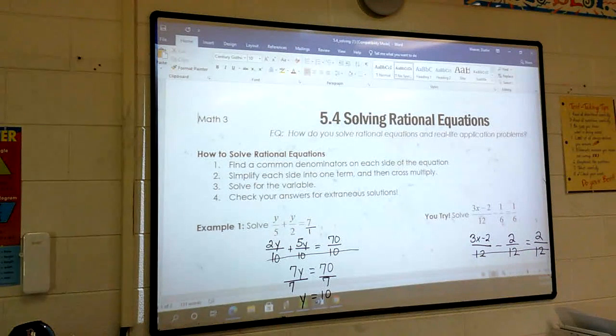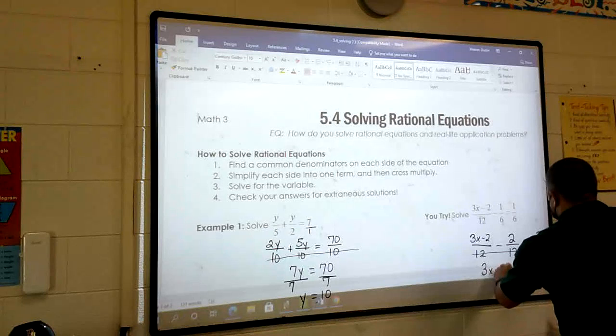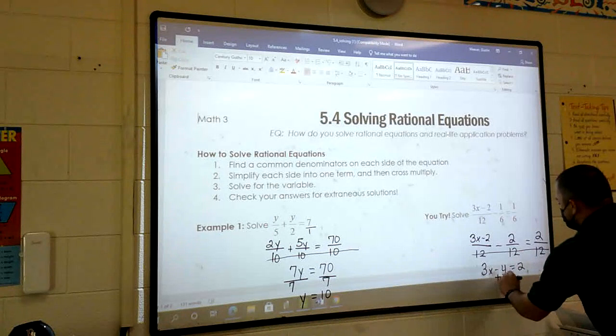So it's going to be 3x minus 2, and then minus 2 equals 2. So what's 3x minus 2 minus 2? 3x minus 4 equals 2. Then we've got to add 4 to the right side, so we get 3x equals 6.